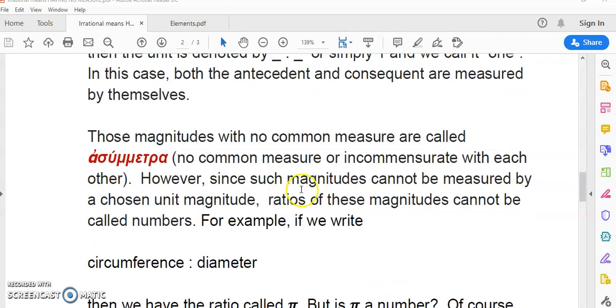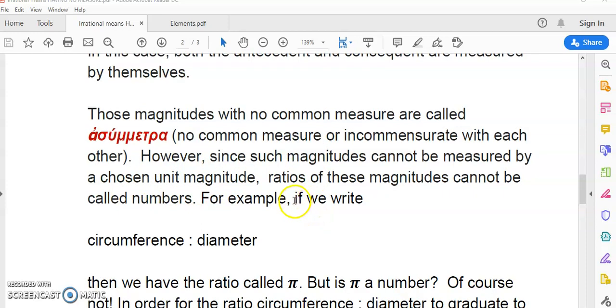Now, the magnitudes with no common measure are called asymmetra, which basically means asymmetric, and no common measure or incommensurate with each other if you're anal retentive. So since these magnitudes cannot be measured by a chosen magnitude, they are called incommensurable magnitudes.